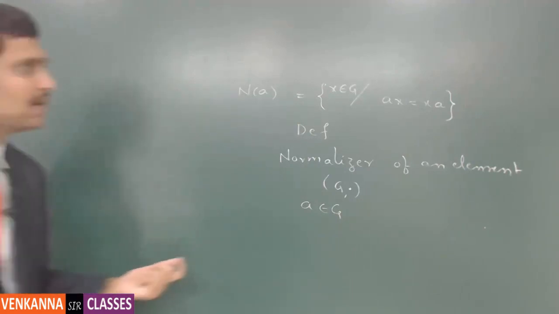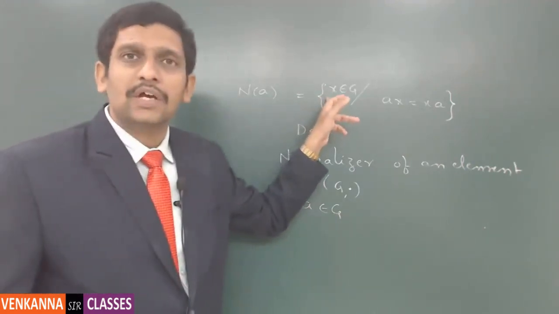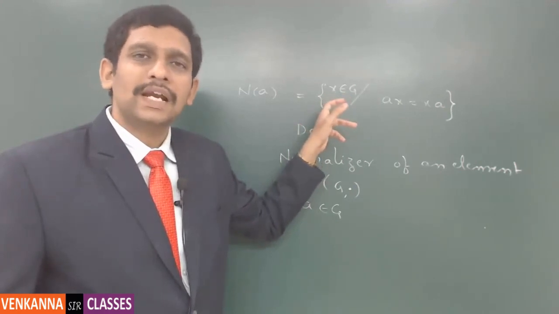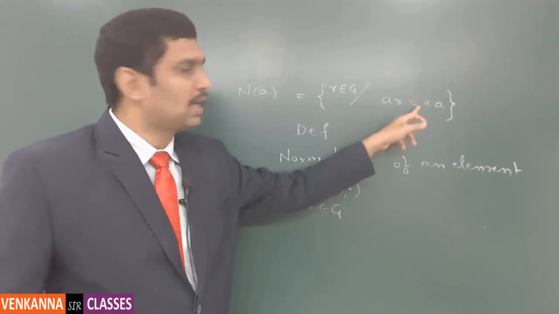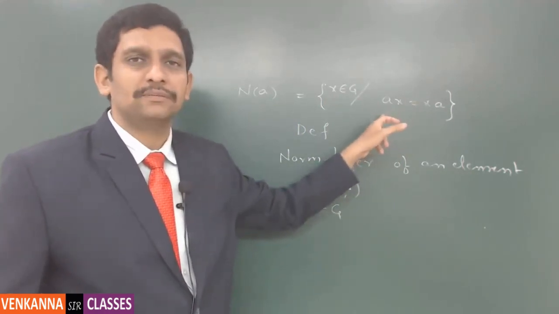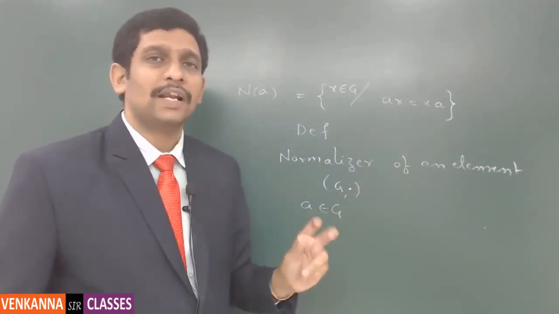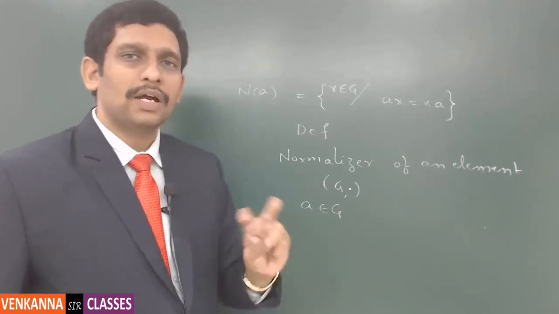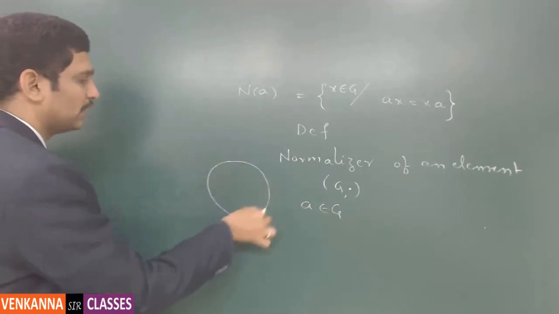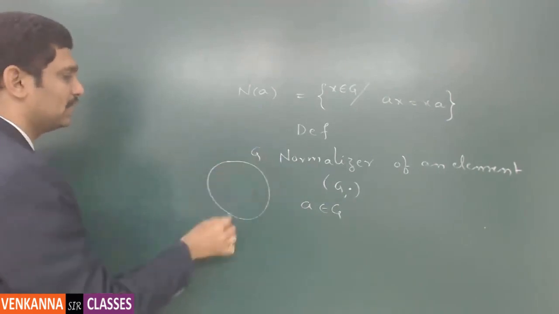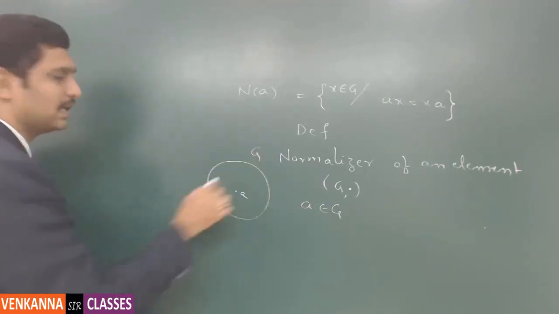In one way, we can observe that in the group G, you are selecting those elements which satisfy the commutative property with a. So for our recognition, if you want to draw a small picture for it, this is the group G and this is an element a.